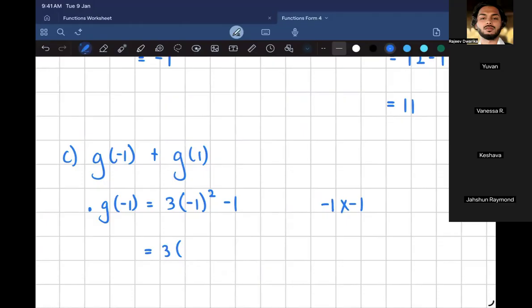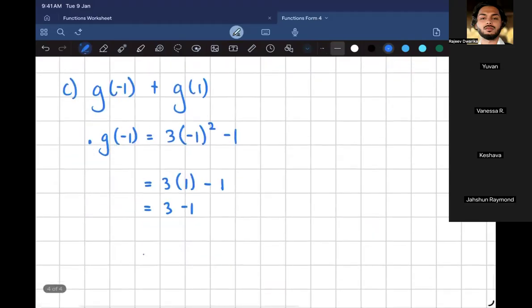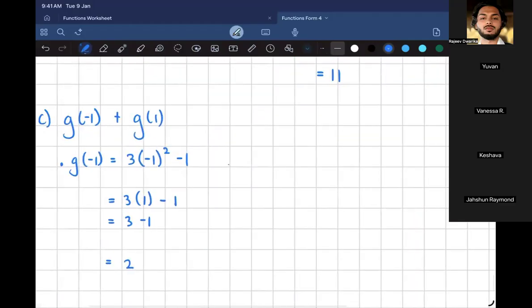And 1 by 1 is 1. So 3 by 1 minus 1. What's 3 by 1? 3. What's 3 minus 1? 2. Nice. So we worked out this part. We're halfway there.